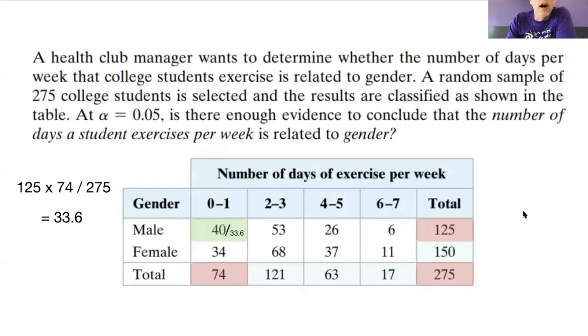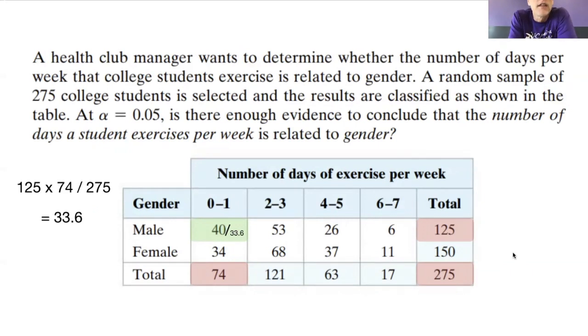Each count in our table is our observed count. In other words, we got those counts from our random sample. So in this case, what does the 40 represent? There are 40 males that exercise between 0 and 1 day per week out of our 275 total people, or our 125 total males.